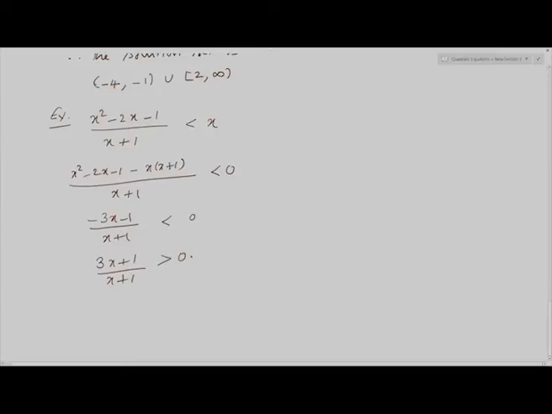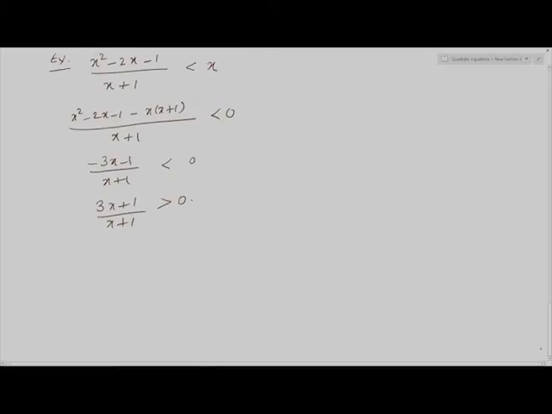Now we are ready to write the solution. We can draw the sign graph again. At x equal to -1, we put the 0 and put the plus sign on the right side of that, and on the left side you put the negative signs.